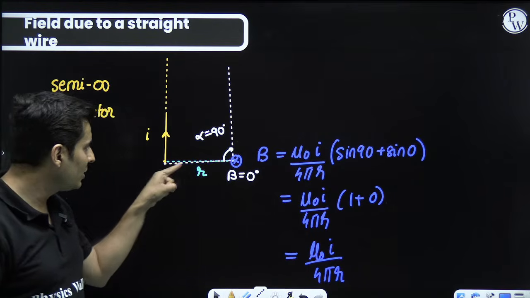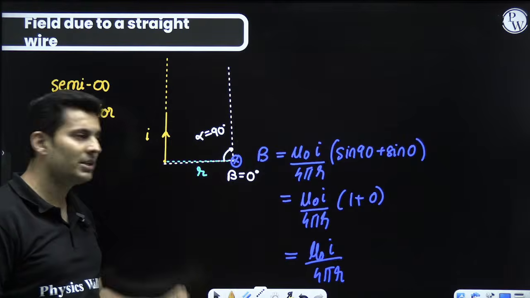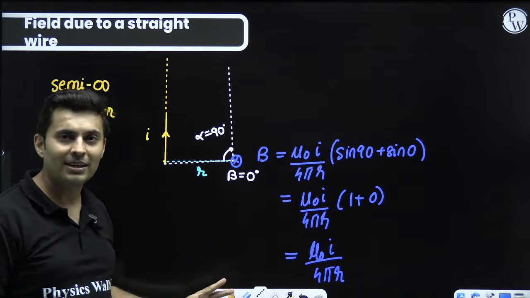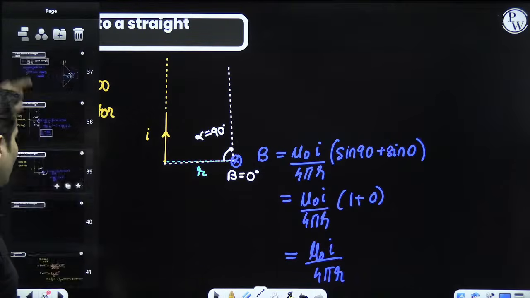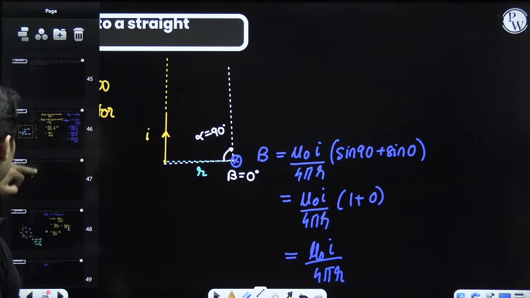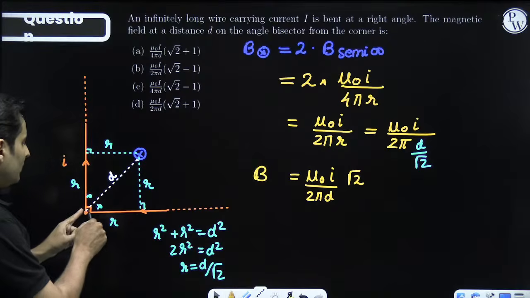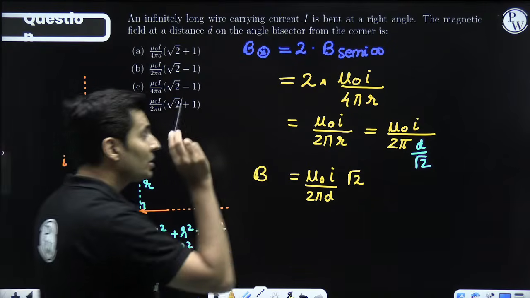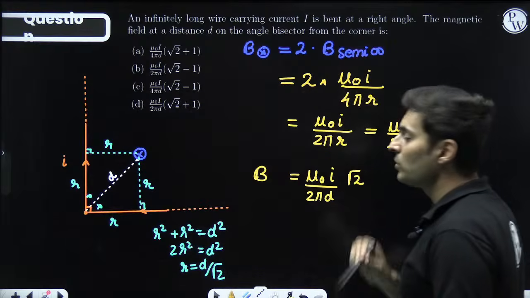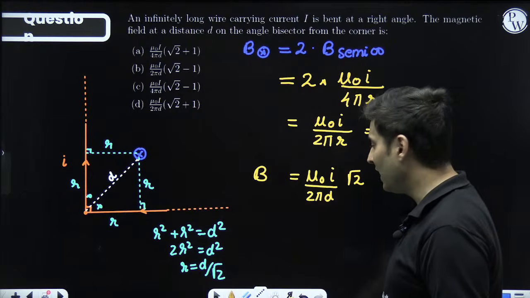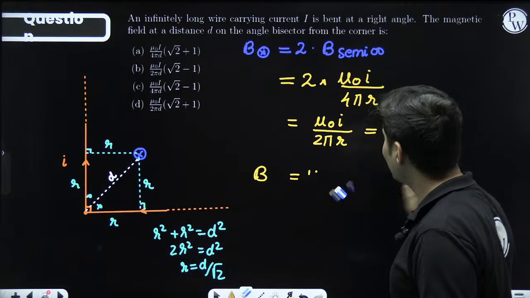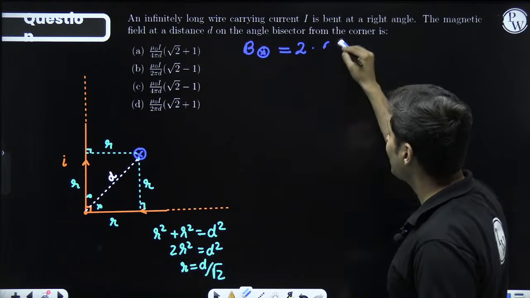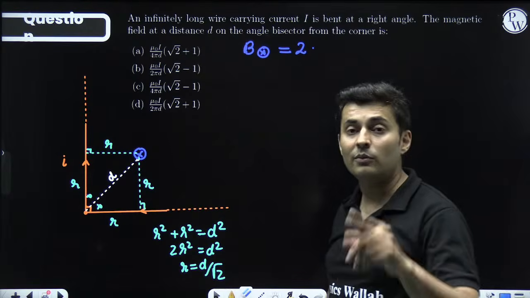The semi-infinite formula applies whenever you are standing exactly opposite to the endpoint, one of those endpoints, with the other endpoint at infinity. But that is not the scenario in this case. You are not standing in front of the endpoint, you are standing somewhere else. So that is why you cannot use this formula. Got it? So a lot of people end up using this, and I wanted you to see what that mistake would be.